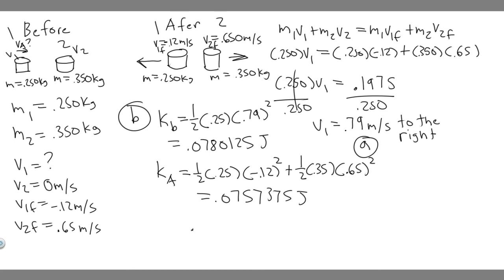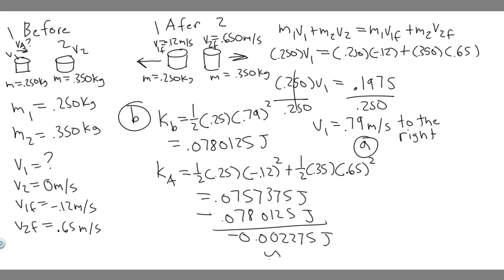So take this number minus 0.0780125. When you do this, you're going to get minus 0.002275 joules. I'm going to round it to 0.0023 joules. It's negative because we're losing it.